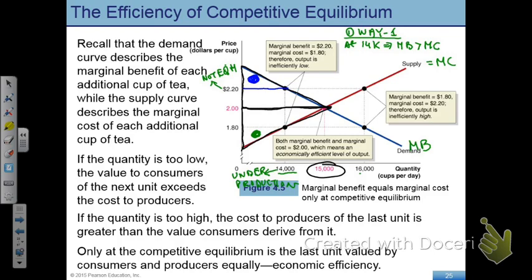So it's going to be 1, it's going to be 2, and it's going to be 3. These are all producer surplus. Right? So when the market is not in equilibrium, at underproduction, we should see clearly that our consumer is losing a major part of his surplus.